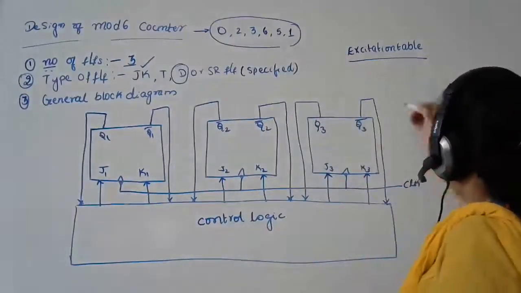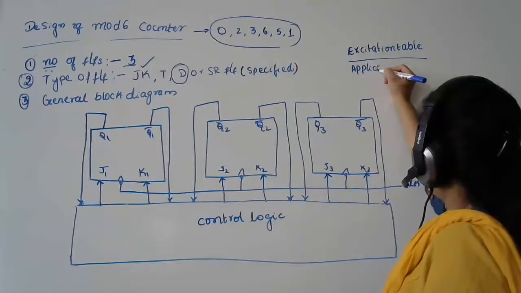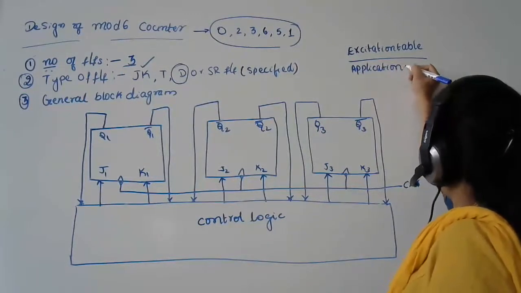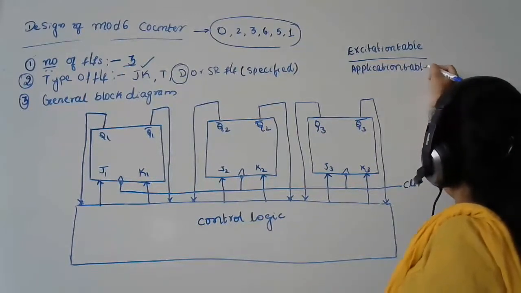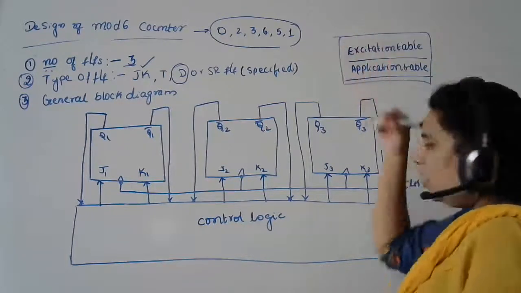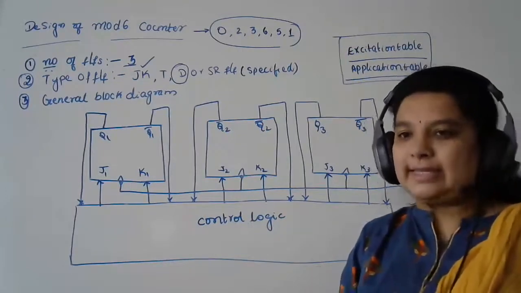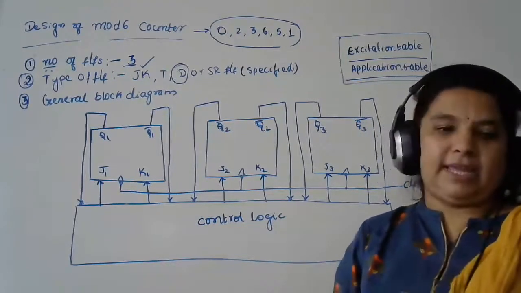We'll learn what that means. And one more type of table is called an application table. These are the two types of tables we'll make use of for designing the mod 6 counter: the excitation table and the application table.